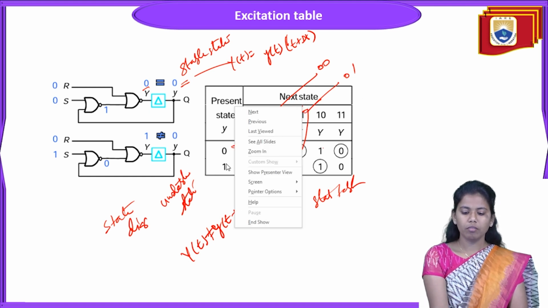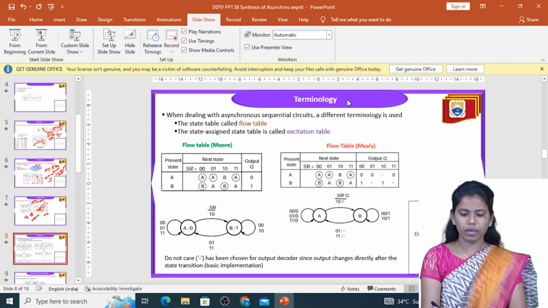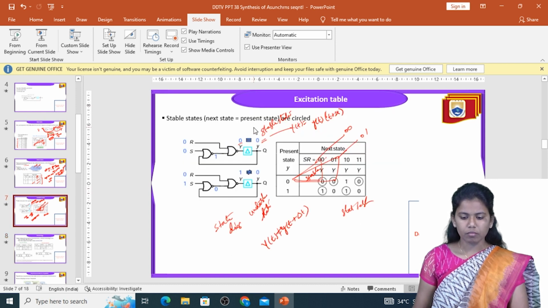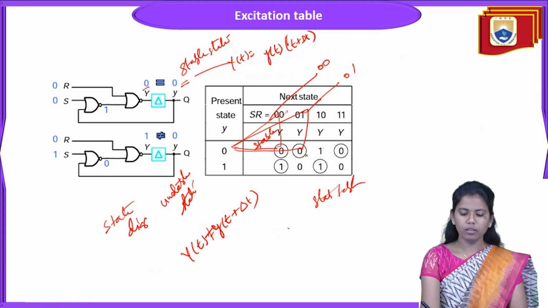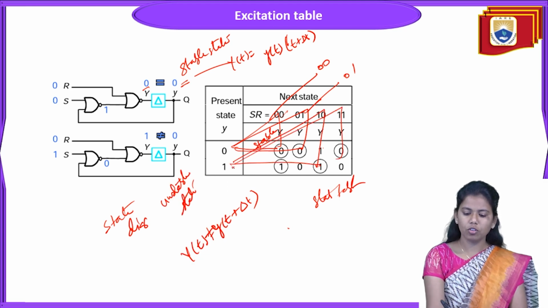Y is 1, for example. When R is 0, 1 and Y is 1, then we are observing that my expression is 1, then it goes like this.